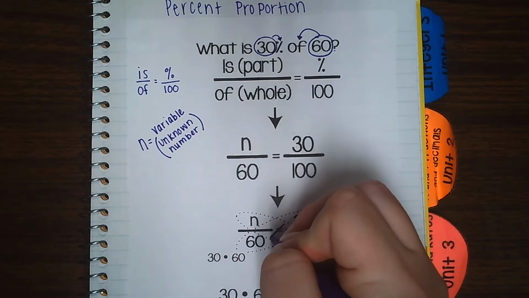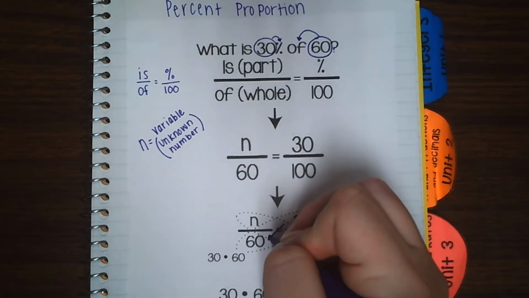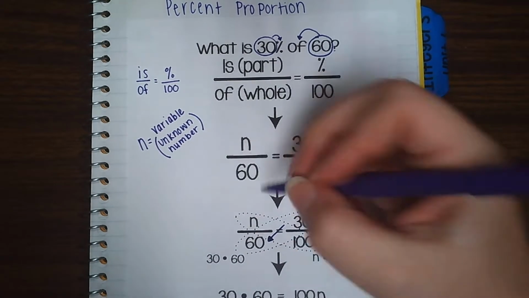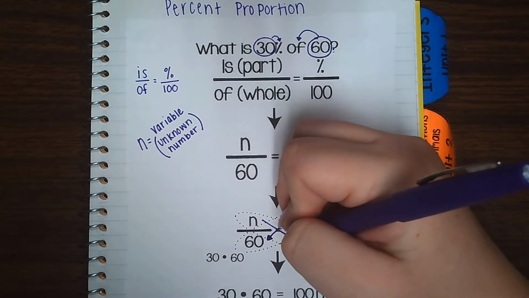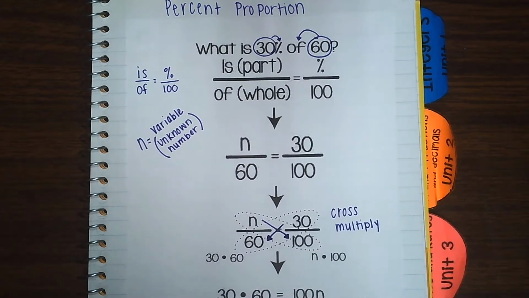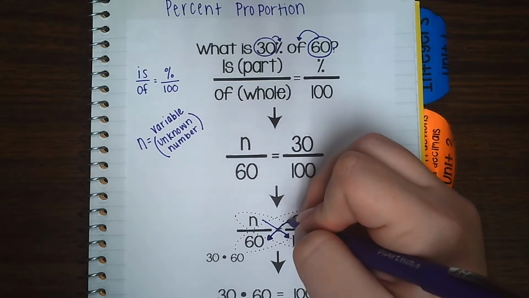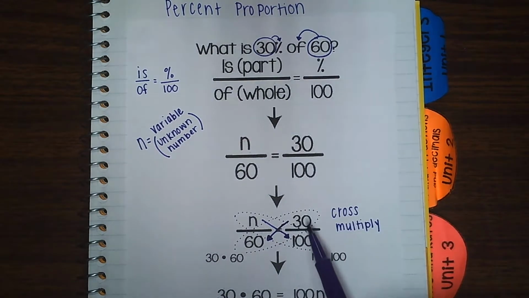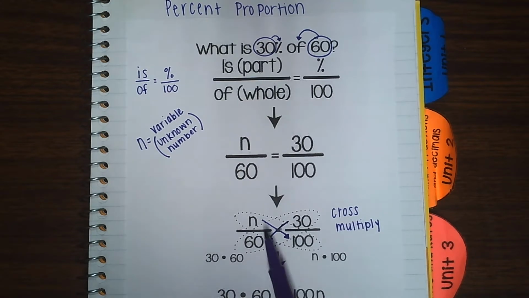I draw arrows. I connect my 30 with my 60 and my n with my 100. I just called this my big X. It also helps me remember that I'm multiplying 30 times 60, which you can see they've done right there, and n times 100, which you can see that they've done right there.